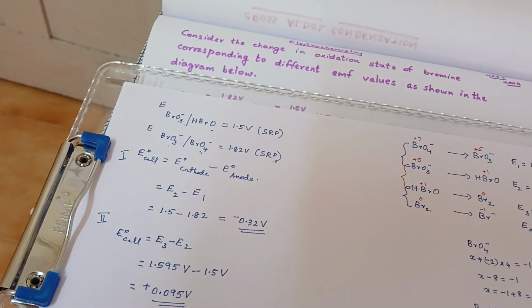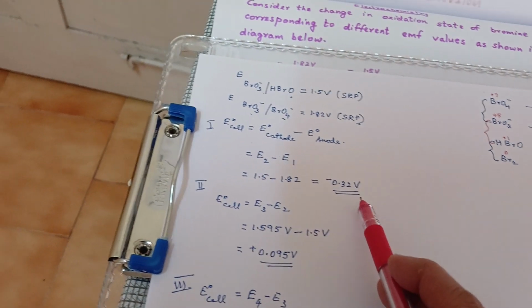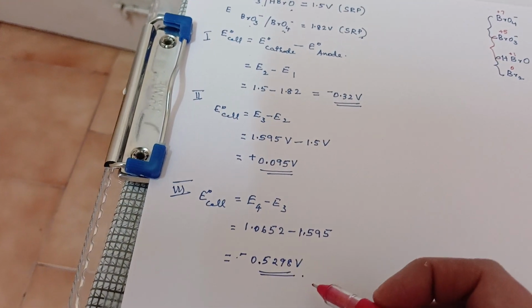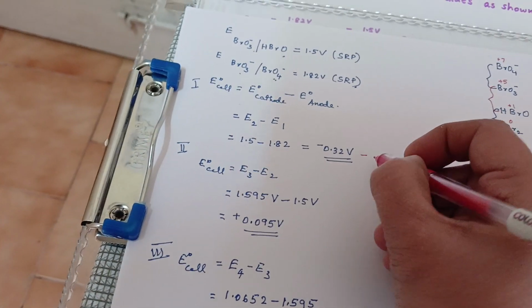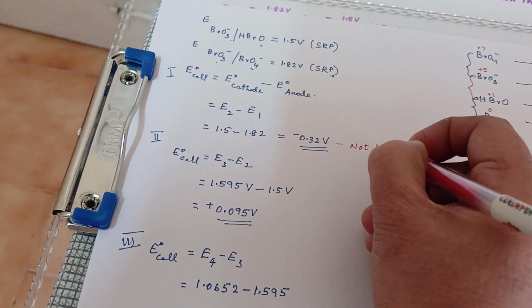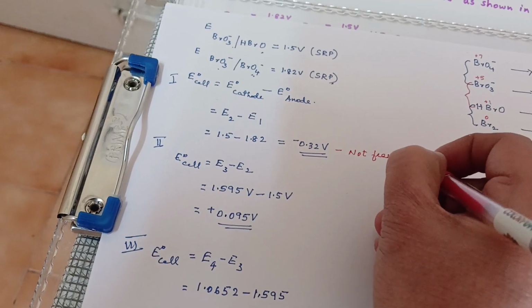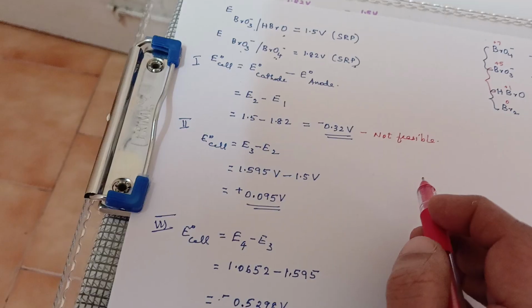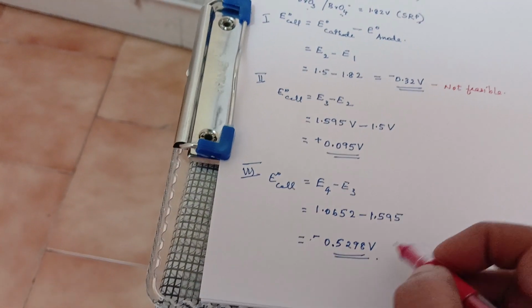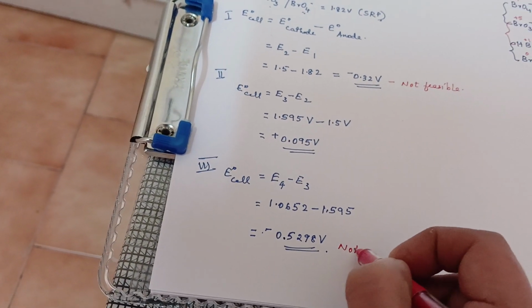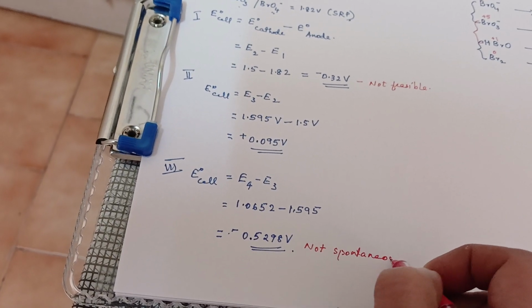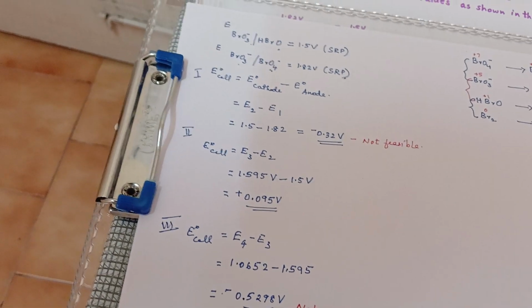So from these values, we can see that two are negative values. So if they are negative values, the reactions are not feasible. So this is not feasible. That is, it will not happen spontaneously. So is this one. So it will not take place spontaneously.